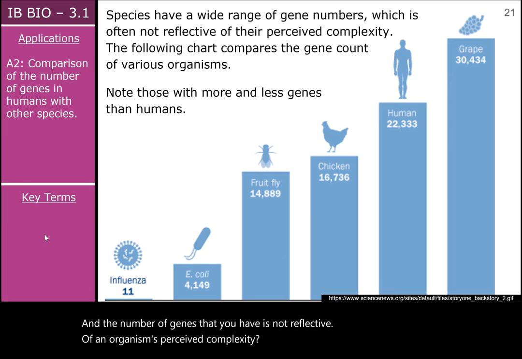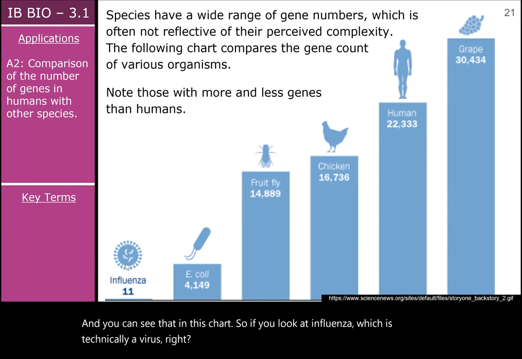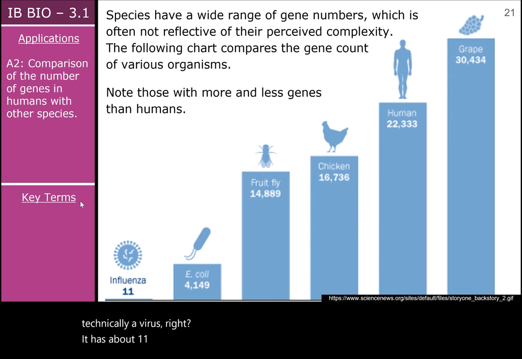And you can see that in this chart. So if you look at influenza, which is technically a virus, right? It has about 11 genes. Now, E. coli, which is a bacteria, much more complicated, right? It has over 4,000. Then you have a fruit fly, which has about 15,000.